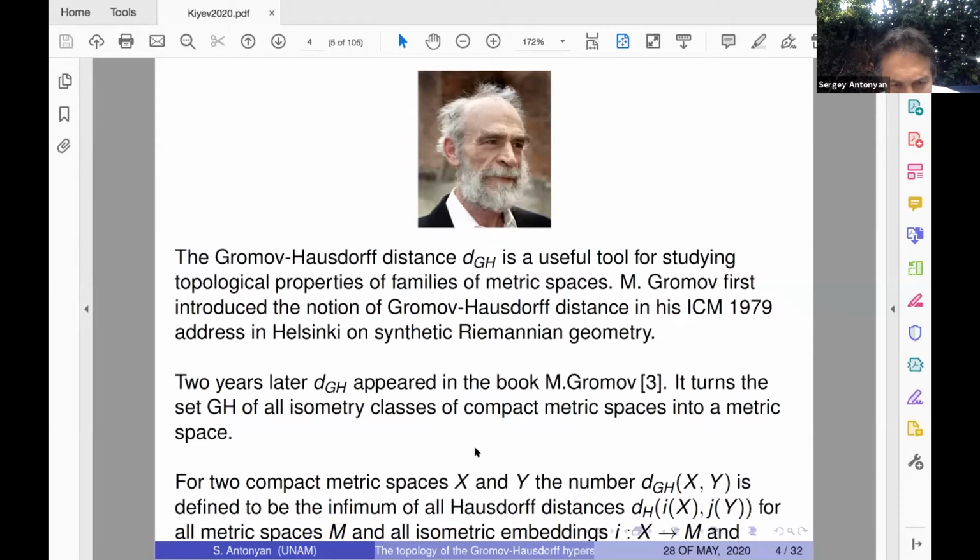Then we take the infimum of all of these distances over all possible isometric embeddings i and j, and also M is varying. The infimum of all these distances is called the Gromov-Hausdorff distance between X and Y.